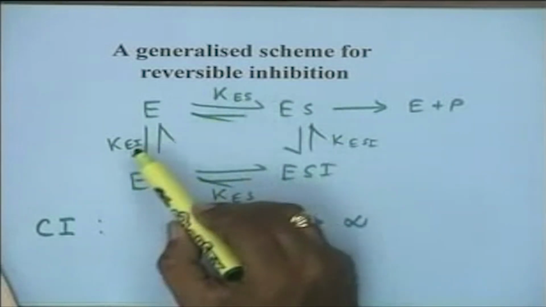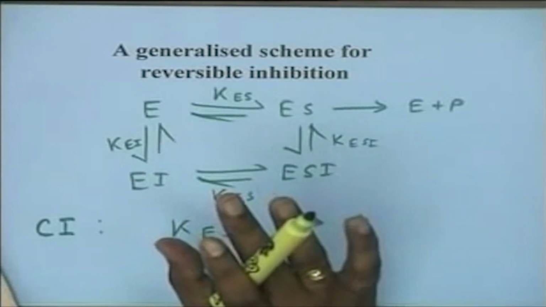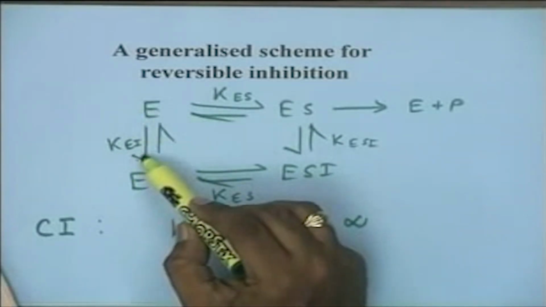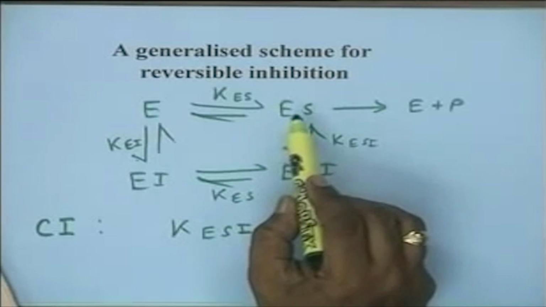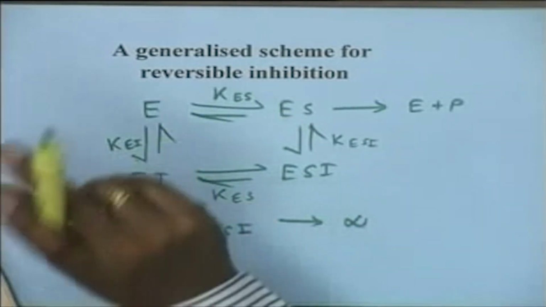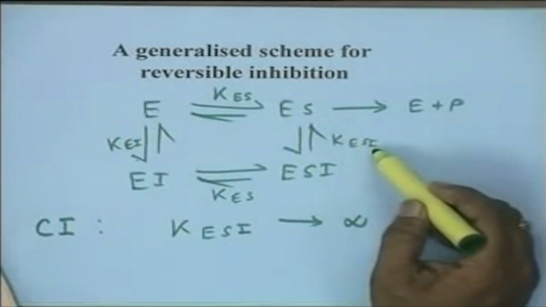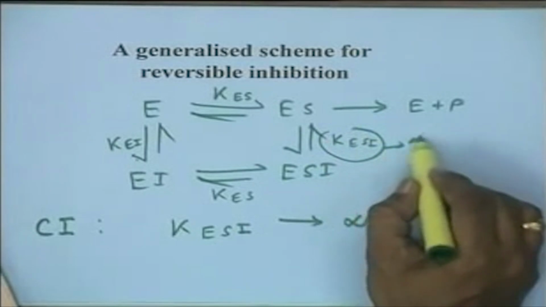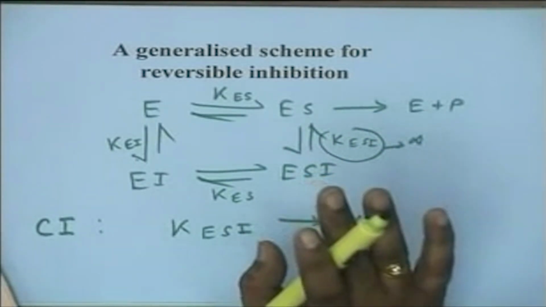KES and KEI will have definite magnitude. That means the enzyme can bind either to the inhibitor or to the substrate, but KESI will be infinity, and that is a typical case of a competitive inhibitor.